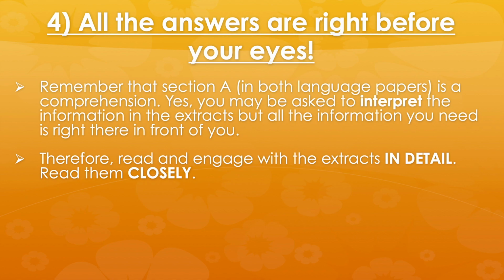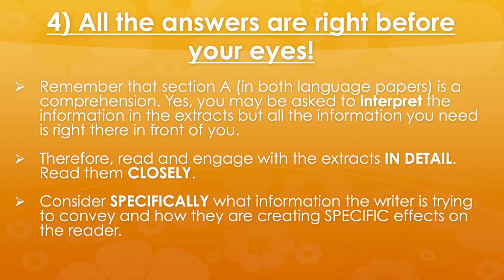What effect is the writer trying to convey to the reader here? Or what effects? It comes back to this word being specific. You have to consider specifically what information the writer is conveying. How are they creating specific effects?